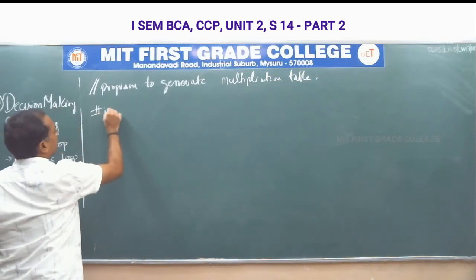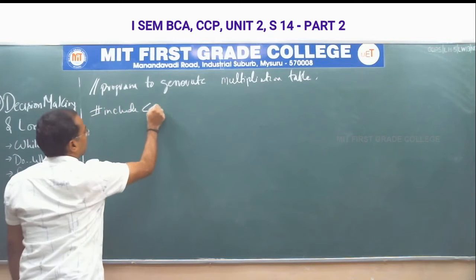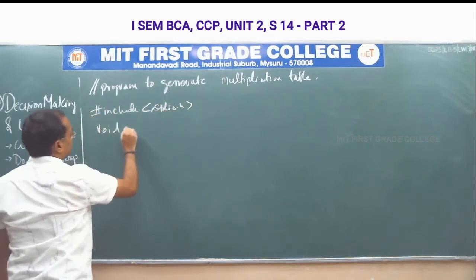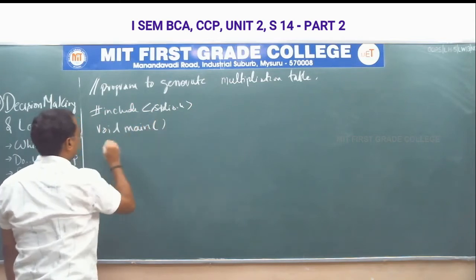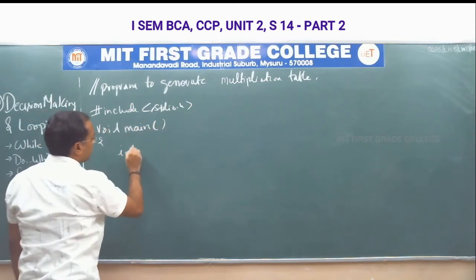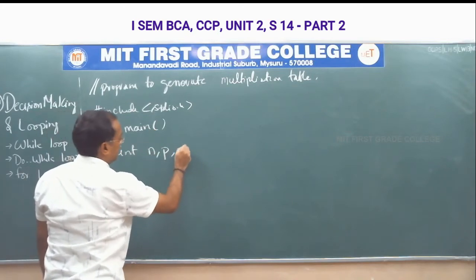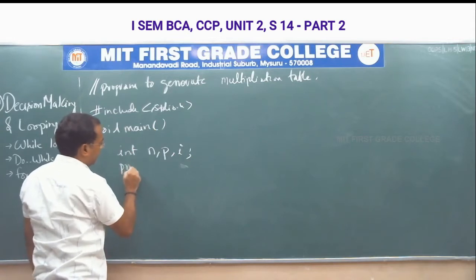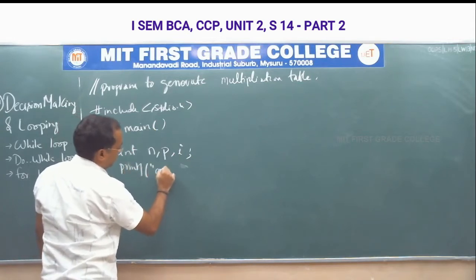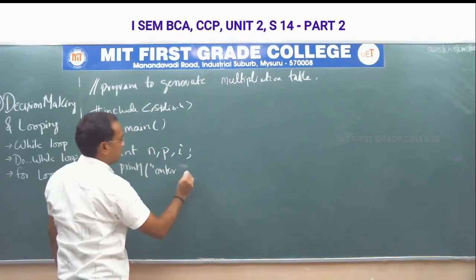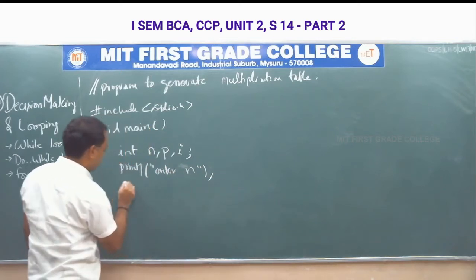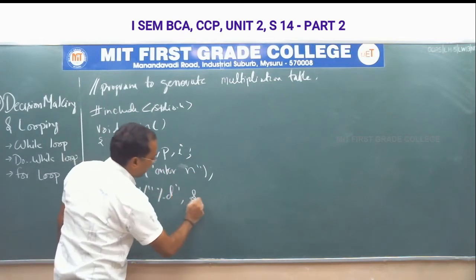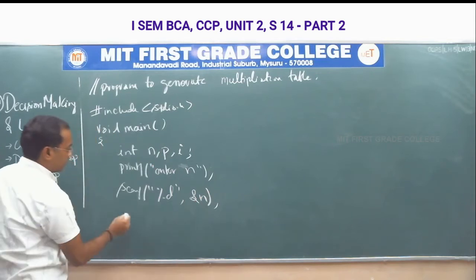#include <stdio.h>, void main, then declare the variables n, p, i, semicolon, accept the input, enter n, scanf, "%d", &n.